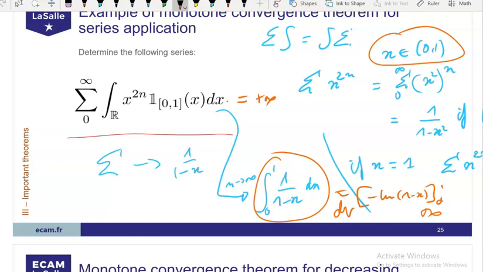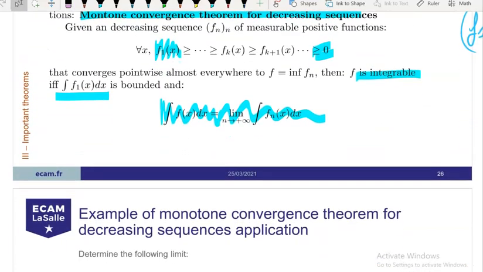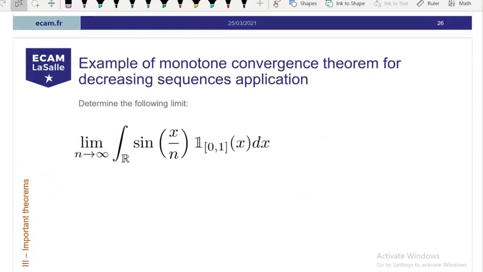We could also have a convergent series, and in the case of a converging series, it would be equal to the integral of the sum. They will have the same nature.